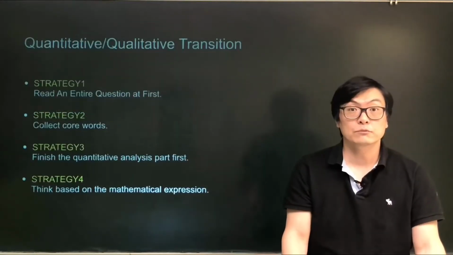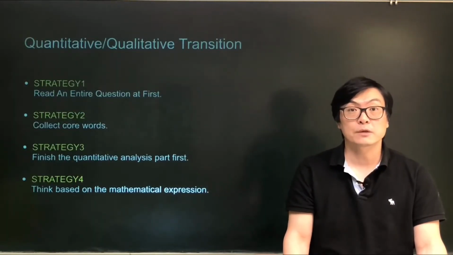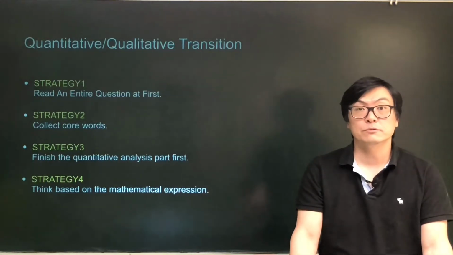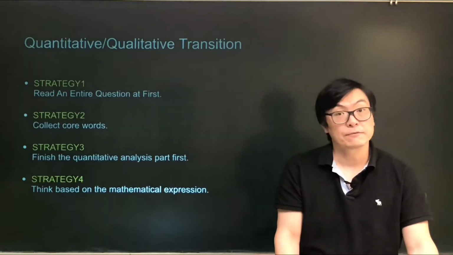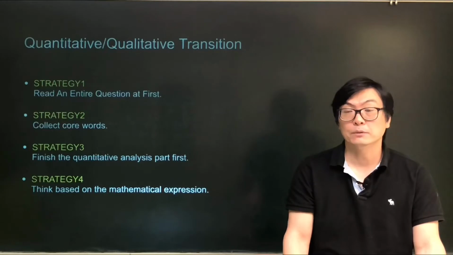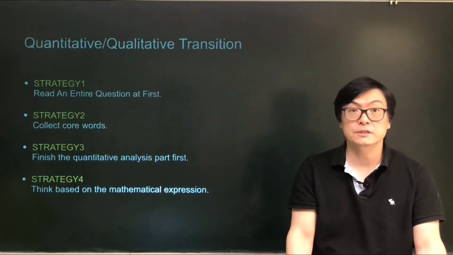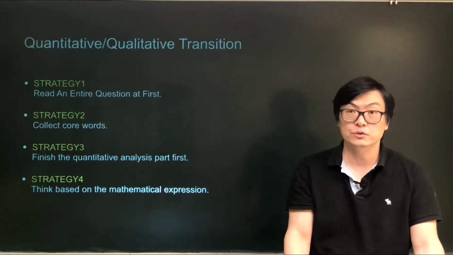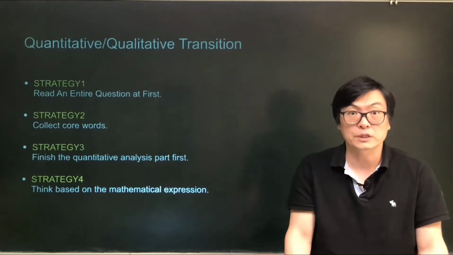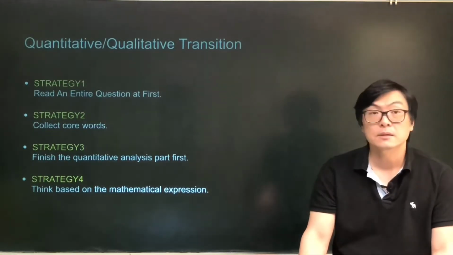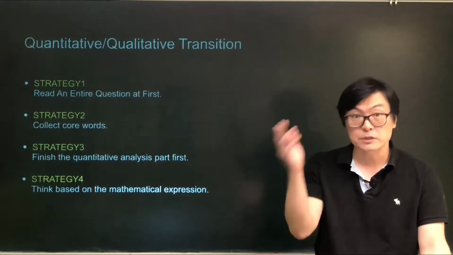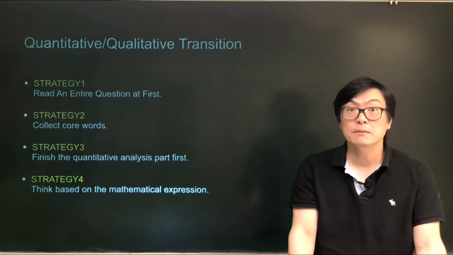Do you still remember those strategies that I mentioned for this quantitative qualitative transition problem? If you don't understand what I'm talking about, then you have to go to the first video lecture for this series and watch that video first before watching this one. And yes, you have to read an entire question at first, thoroughly but quickly.